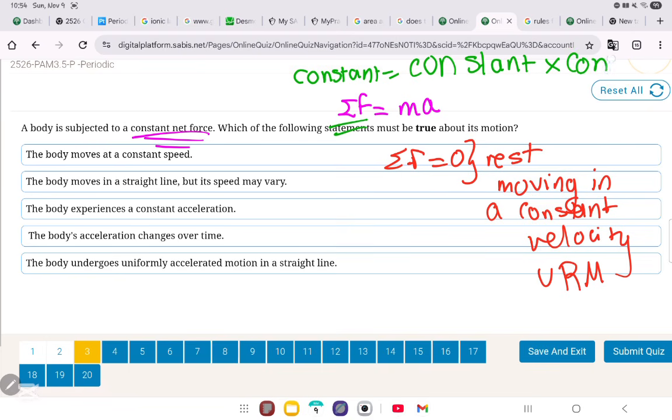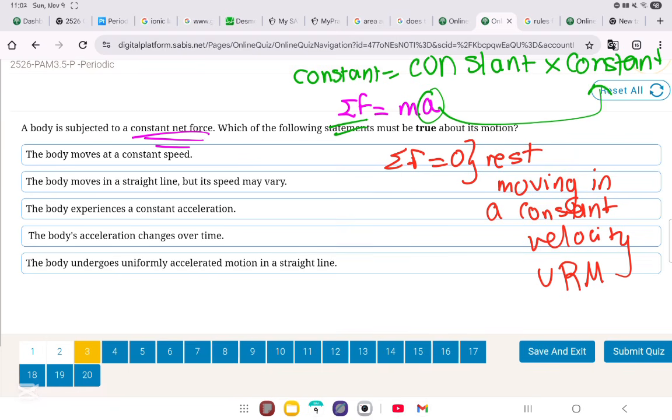Because if you multiply constant by a variable, you're going to get a variable answer. However, if you multiply a constant by a constant, you will get a constant answer. So what does this mean? This means our acceleration is constant. So the body experiences a constant acceleration.